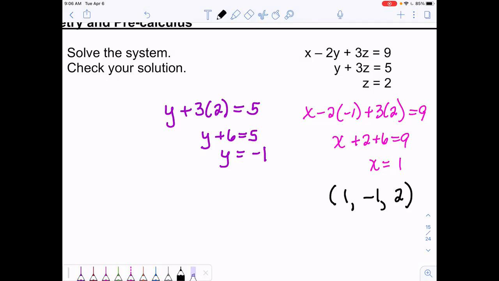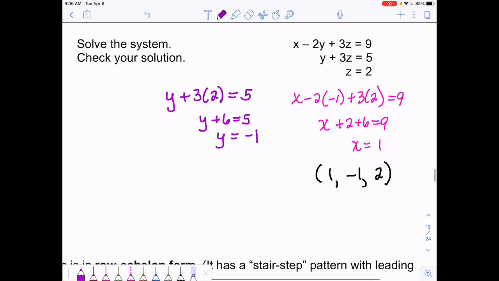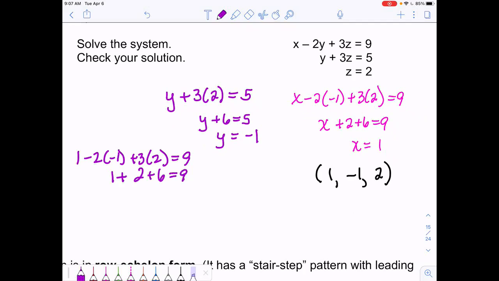It does say to check your solution, which you can always do when you're solving for any variable. If you plug them in, we have a 1, a -1, and a 2. So this definitely, oops, there's my 2. That works.